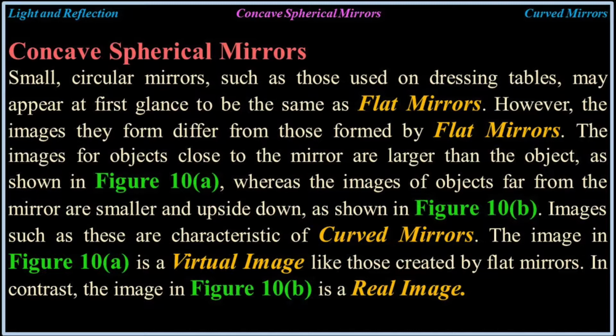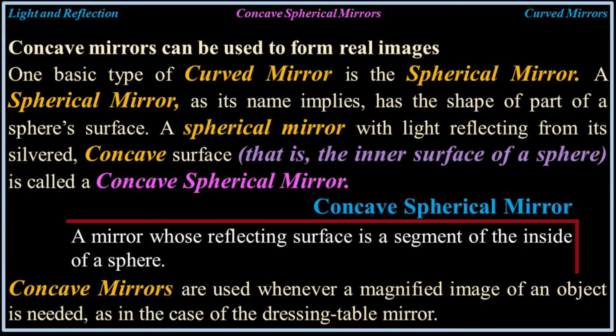Images such as these are characteristic of curved mirrors. The image in 10a is a virtual image, like those created by flat mirrors. In contrast, the image in Figure 10b is a real image. Concave mirrors can be used to form real images.